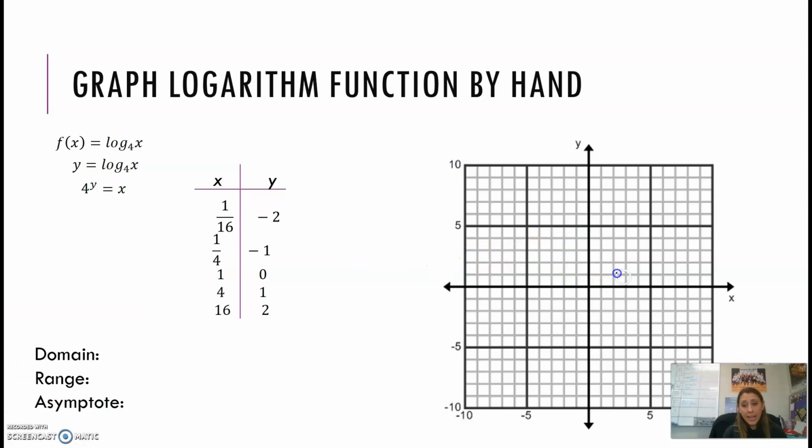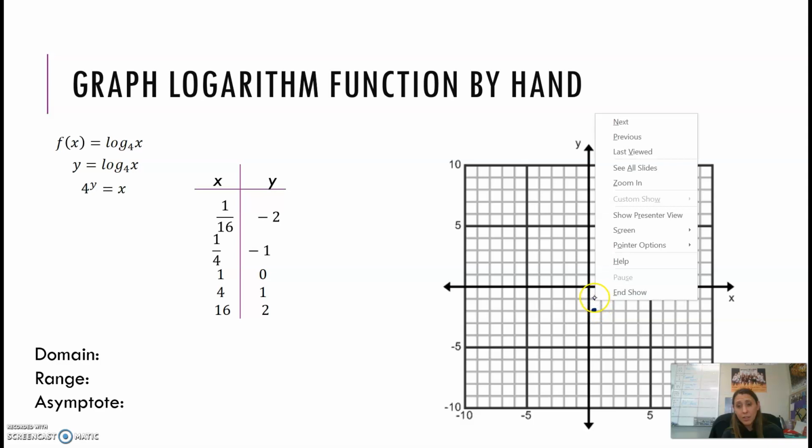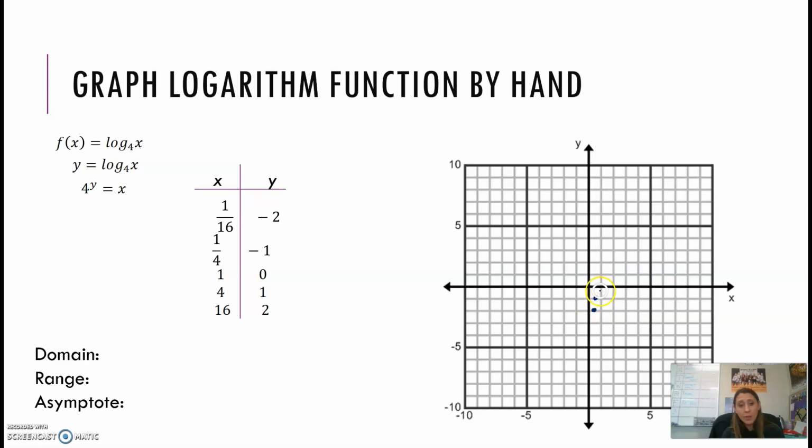So when x is 1/16, so about right here, y is -2, which is right there. And when x is 1/4, so about right there, y is -1. And when x is 1, which is right here, my y is 0.